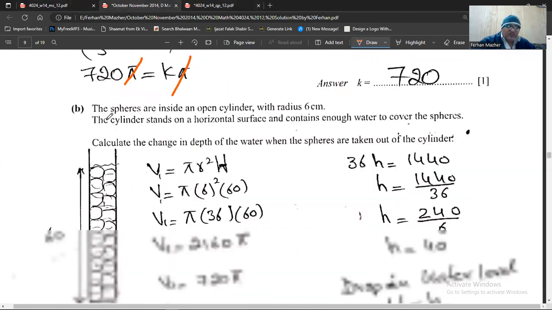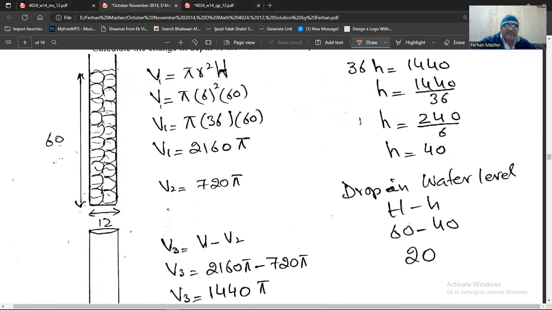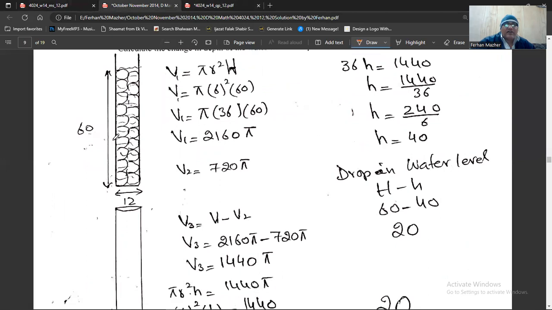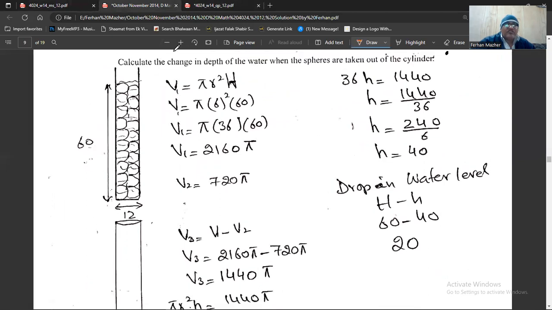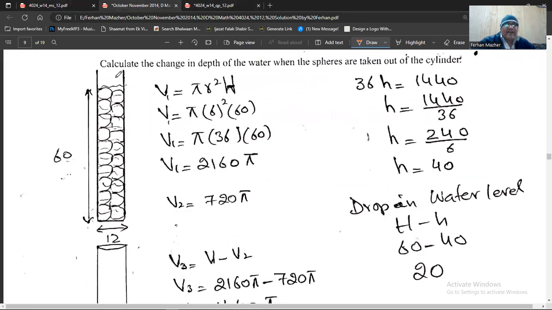Suppose this is the cylinder. Its diameter will be 12, and two spheres will sit side by side, and because there are 20 spheres, there will be 10 layers of spheres. The diameter of one sphere, because the radius is 3, is 6.